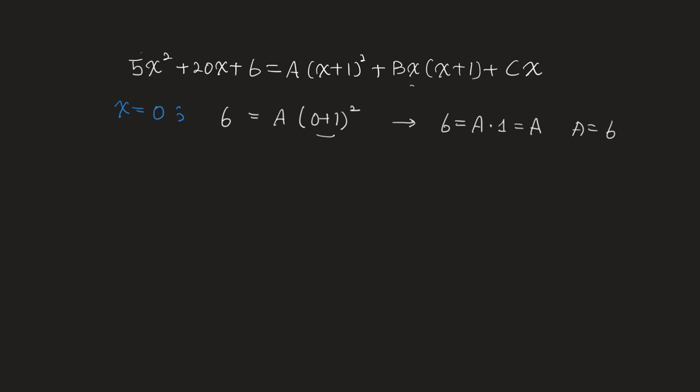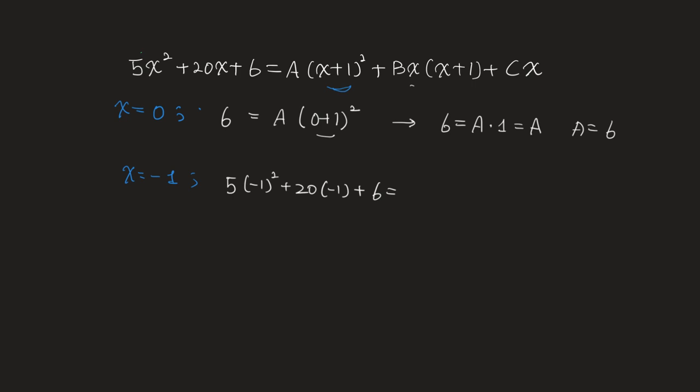Second, I'm going to plug in x equals negative 1. Can you notice why this number? When you plug in x equals negative 1, x plus 1 equals 0, so those parts are 0. On the left side: 5 times (negative 1) squared, minus 20, plus 6.